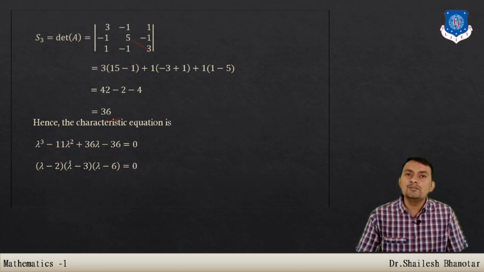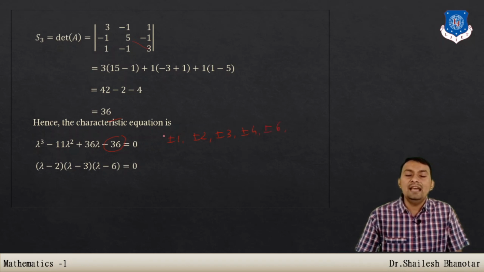But whenever you solve this, whenever you factorize this one, you will get lambda minus 2, lambda minus 3 into lambda minus 6 is equal to 0. But the question arises: how can we find its factorization? Whenever you see this kind of equation, first observe that the divisors of minus 36 are plus or minus 1, plus or minus 2, plus or minus 3, plus or minus 4, plus or minus 6, and so on.